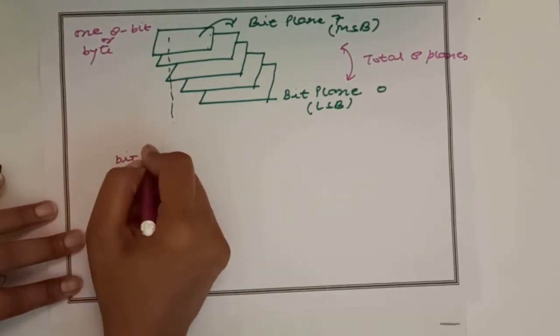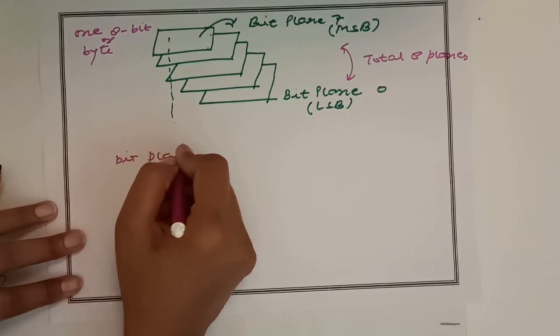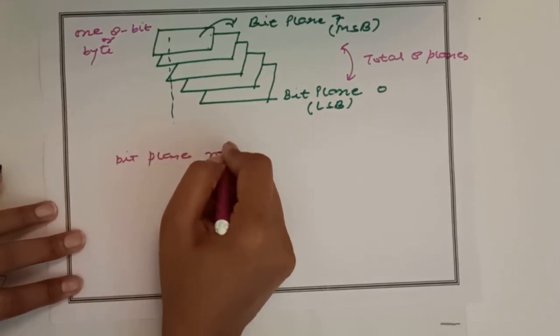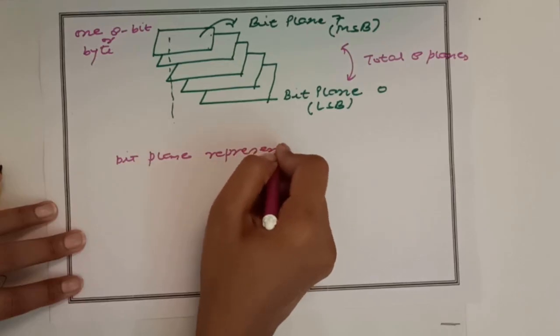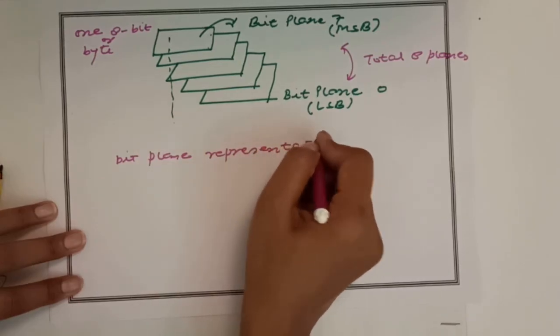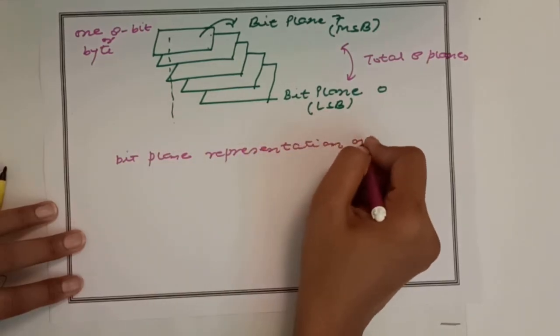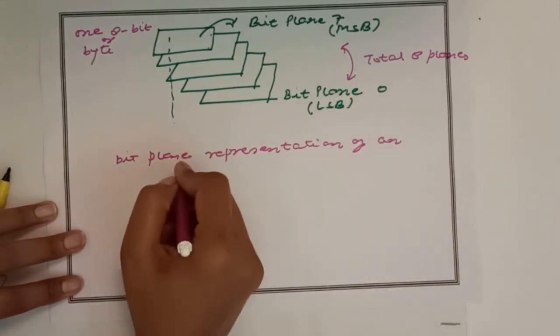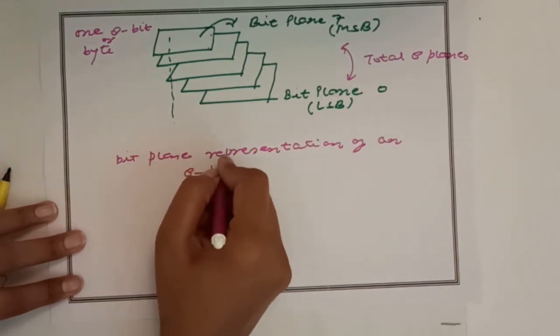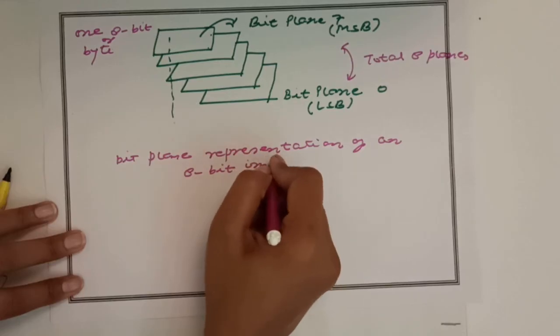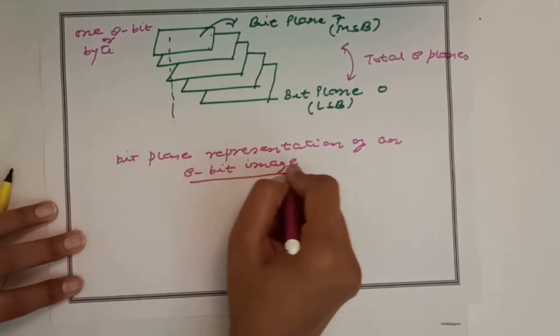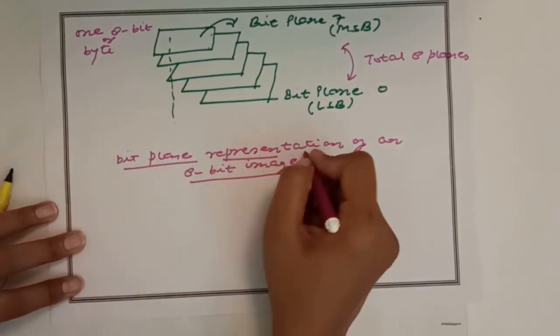So this is the bit plane representation of an 8-bit image.